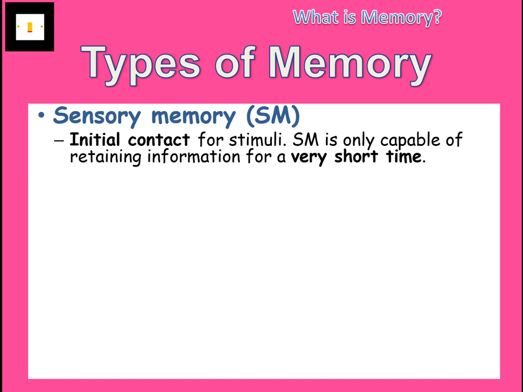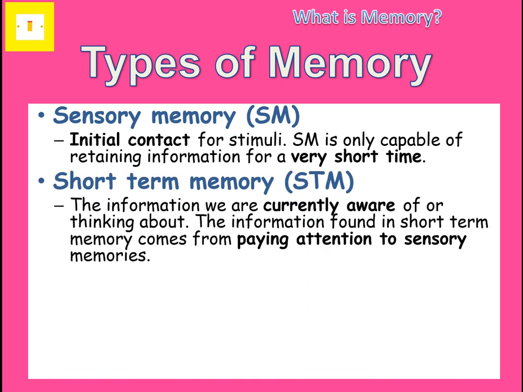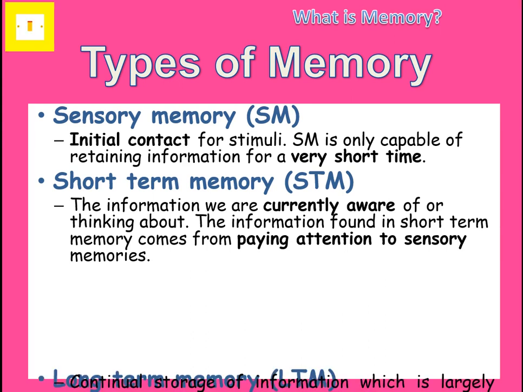This is where information comes in through the senses. The next is short-term memory, and if information is paid attention to in sensory memory, then it is immediately transferred into short-term memory. This is something that we're currently aware of thinking about. But remember, in short-term memory, we generally have to rehearse it on a kind of loop to hold it there.